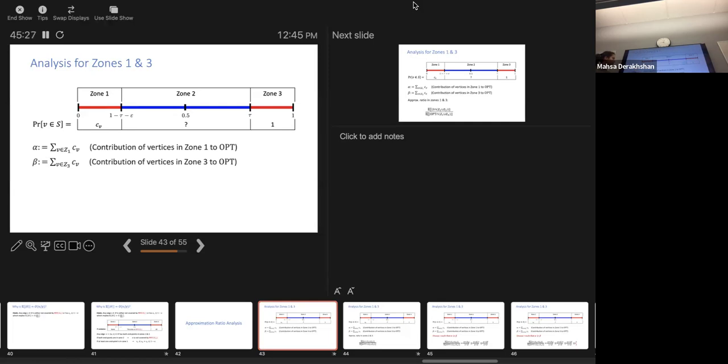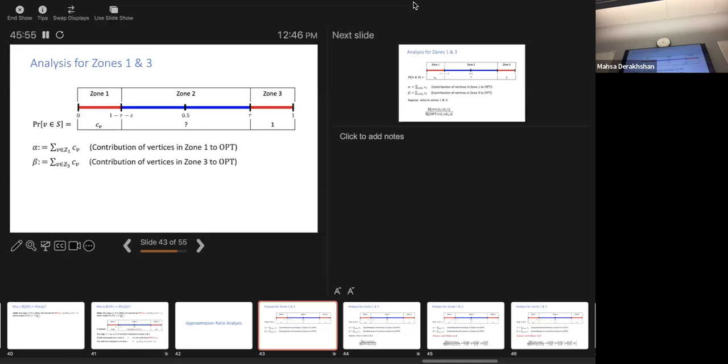So Z1 are the vertices whose CV falls in zone 1, and Z3 are those in zone 3. So alpha is the contribution of the vertices in this zone to the optimal solution, and beta is the contribution of the vertices in this zone to the optimal solution. Right. Now, based on these, let's calculate the approximation ratio only in zones 1 and 3.